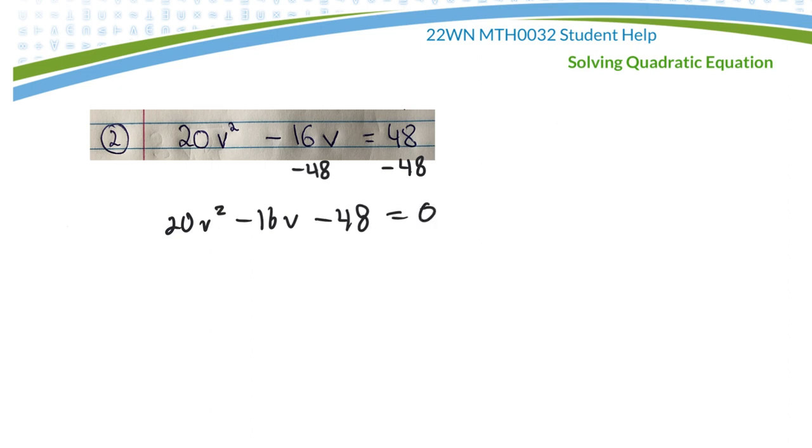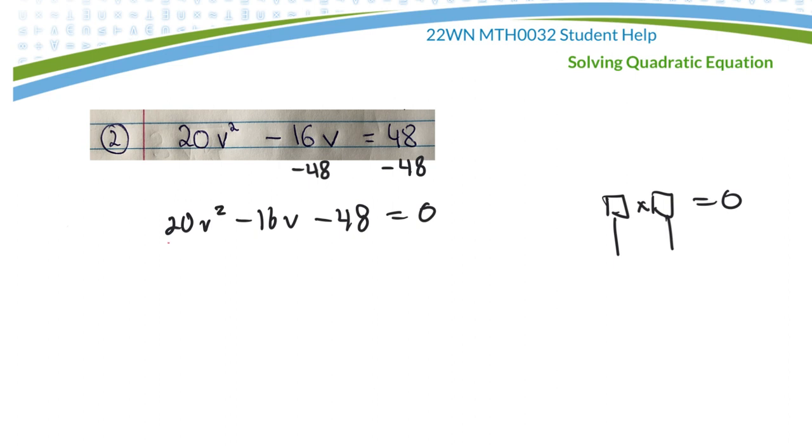Now on the last question I didn't do this just because I visually checked and you couldn't. But any time you're going to factor something, because I want to make this something times something equals 0, and then I'll set each of those to 0, what you want to look for is to see if you could divide every one of those terms by a similar number. And it looks like you can divide them all by 4.